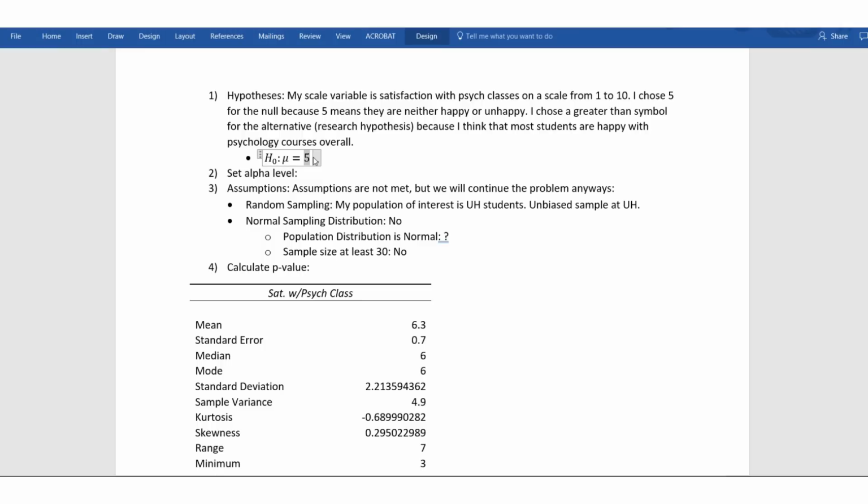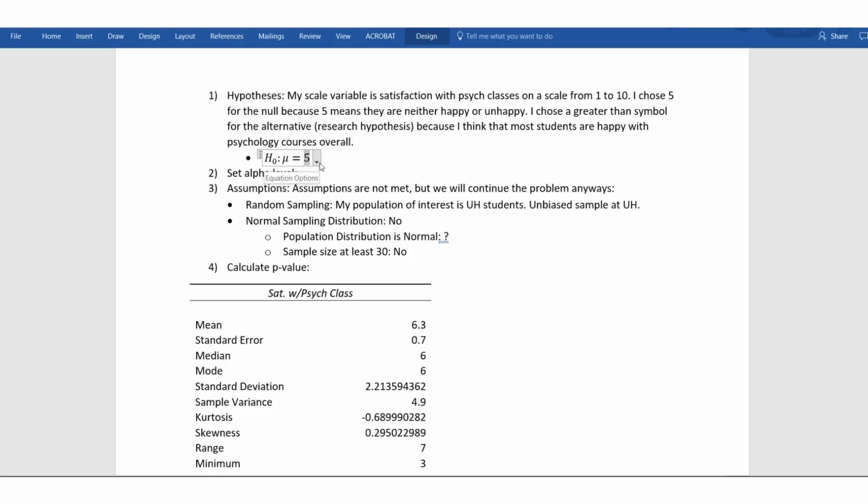So say you had sleep. You had the hours of sleep each night, and you want to see if people have a significantly different average of sleep in college than what is recommended. So maybe you want to see if people get less sleep than 8 hours a night. So 8 would go here for that problem.